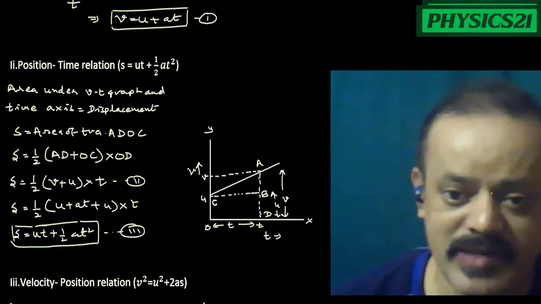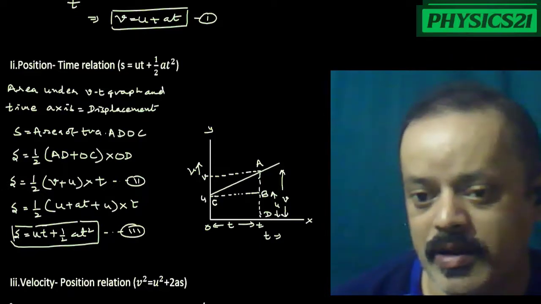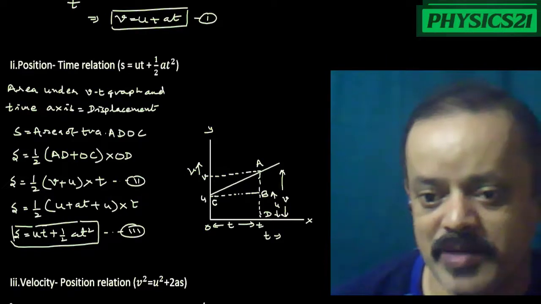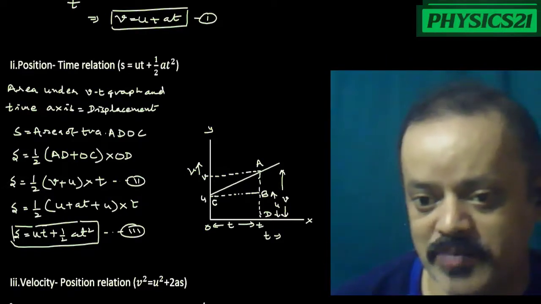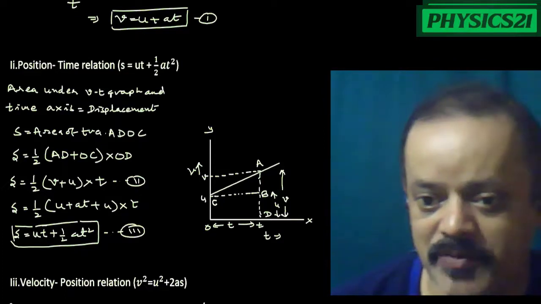So we get S is equal to 1/2 (AD plus OC) multiplied by OD. Now in place of AD we can substitute v, in place of OC we can substitute u, and in place of OD we can substitute t. So we get S is equal to 1/2 (v plus u) multiplied by t.